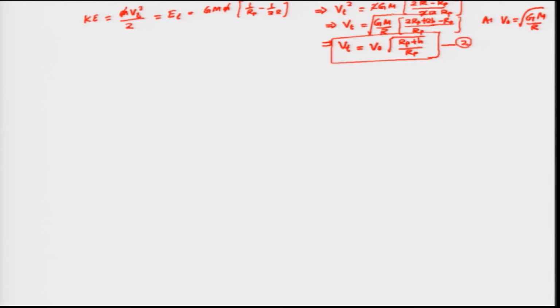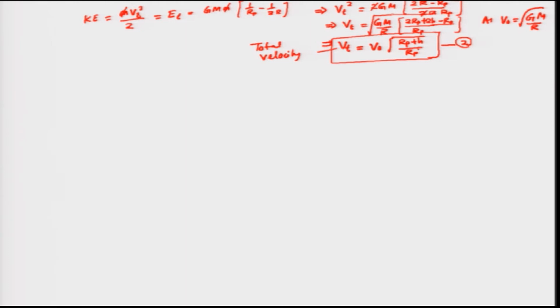This is equation 2. So, you can see from here that the total velocity of the vehicle is proportional to the orbital velocity, and it depends on the altitude for a particular radius of planet.